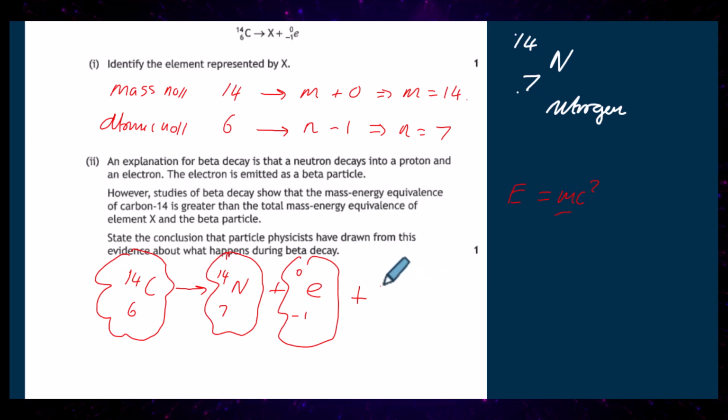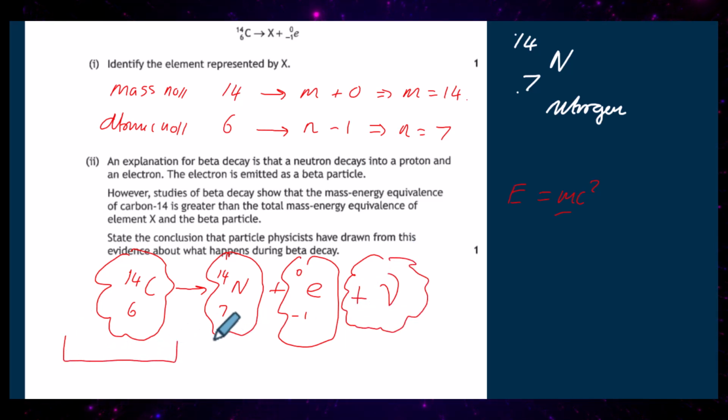We'll call that particle the neutrino, because then we have the total mass energy of this nucleus, and the total mass energy of the nitrogen, and the total mass energy of the beta particle, and we find we have to include the neutrino, a missing particle, to make sure that on both sides the total mass energy is balanced.